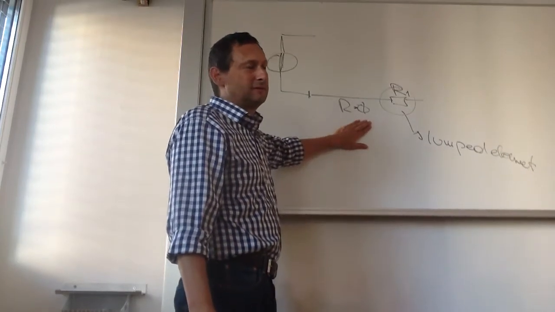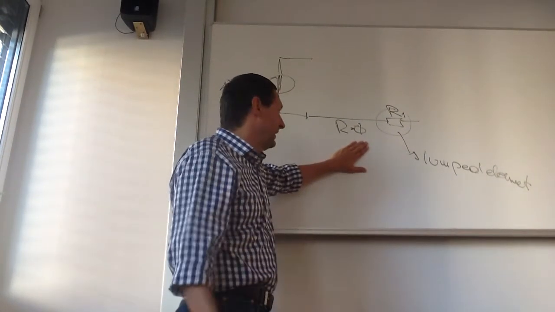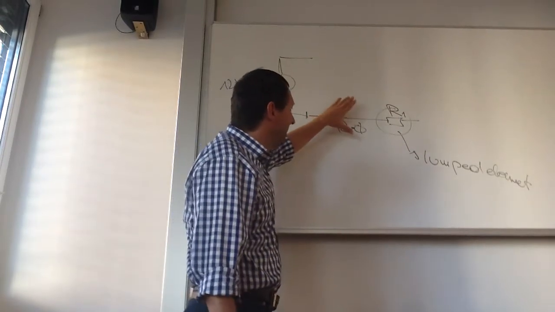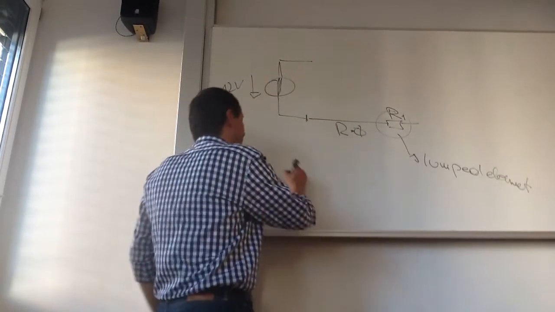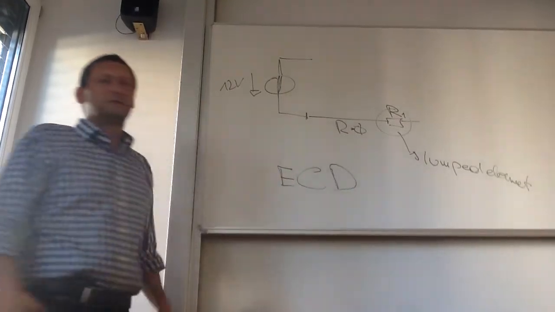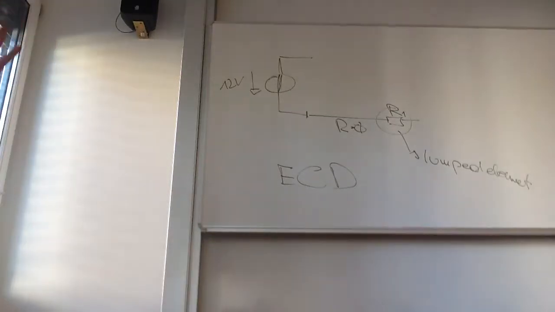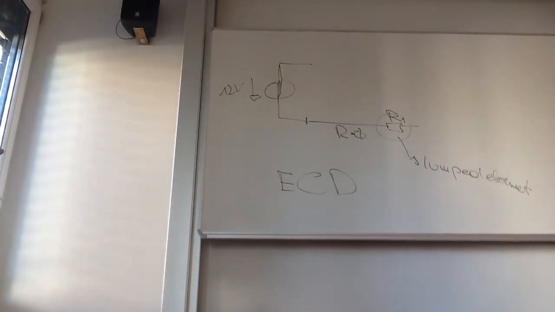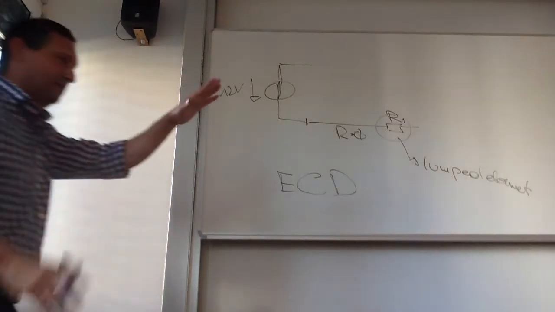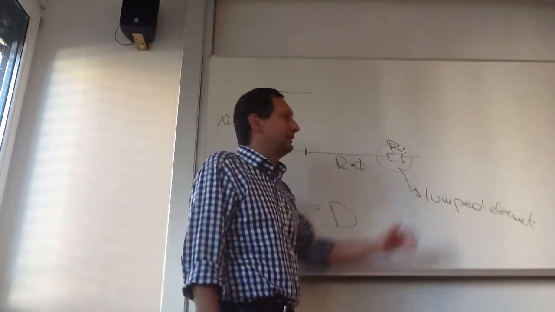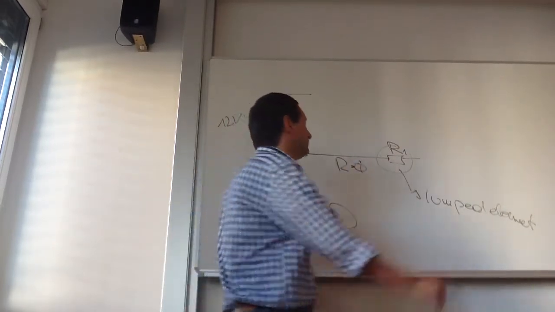So you can have as many resistances as you would like. That's why we sometimes call this an equivalent circuit diagram. So it's an abstraction of the real circuit to some degree. It might be enough, it might fail with the real circuit. That depends on your knowledge of the real circuit.